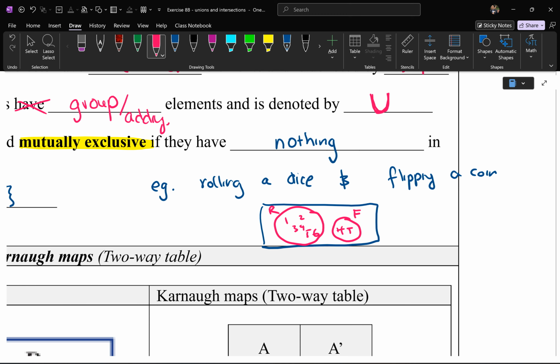No. They don't overlap, they don't intersect. So that's why these two groups have nothing in common. So if I asked what R and F have in common, nothing. That's an example of rolling a dice and flipping a coin being mutually exclusive.